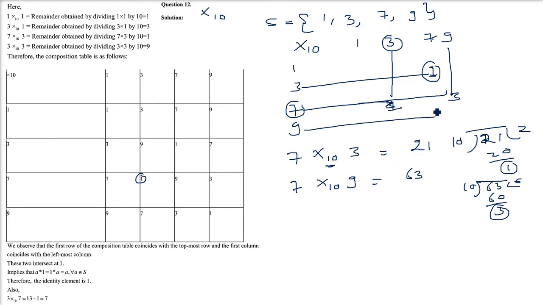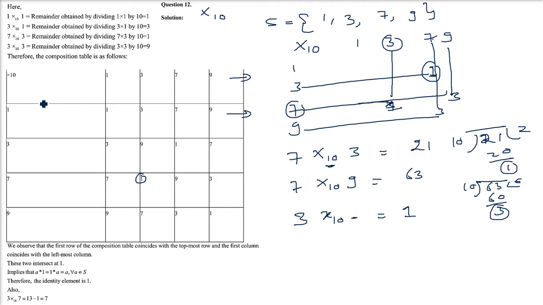Once these entries are done, there are the first row and first column. What you have to find out is the inverse of 3, because the inverse of 3 will only come when we know the identity element.